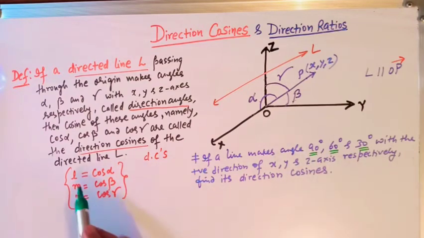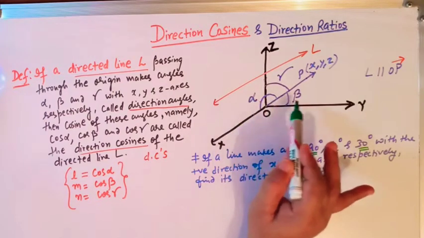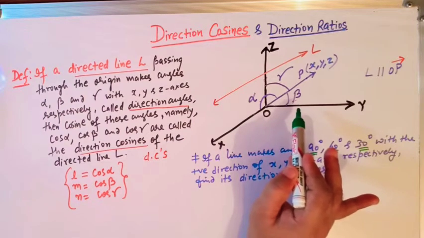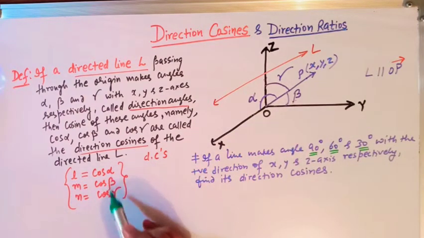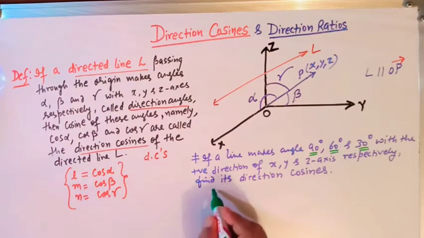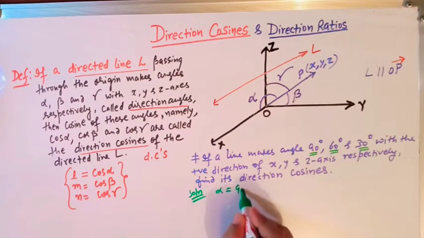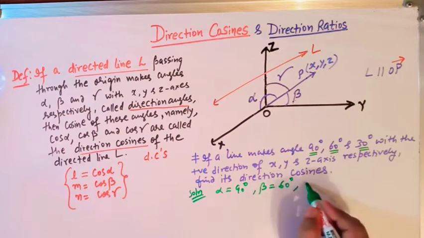So here we know that if the line makes angles alpha, beta and gamma with the positive direction of the axes, then the DCs, the direction cosines, are given by l, m and n. So here we are given alpha is 90 degrees, beta is 60 degrees and gamma is 30 degrees, right?